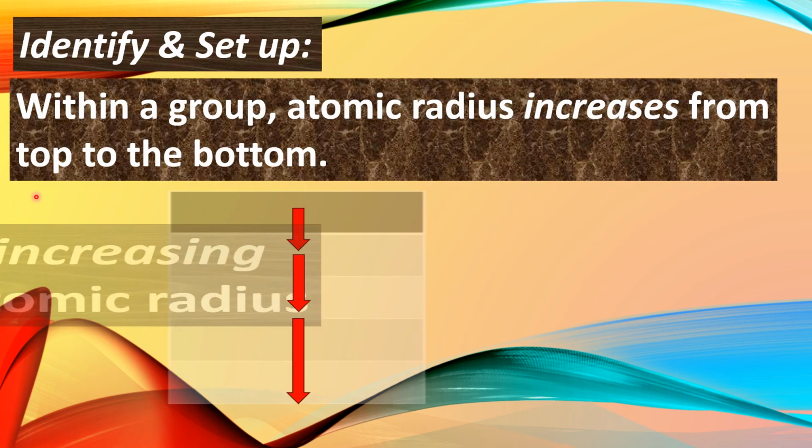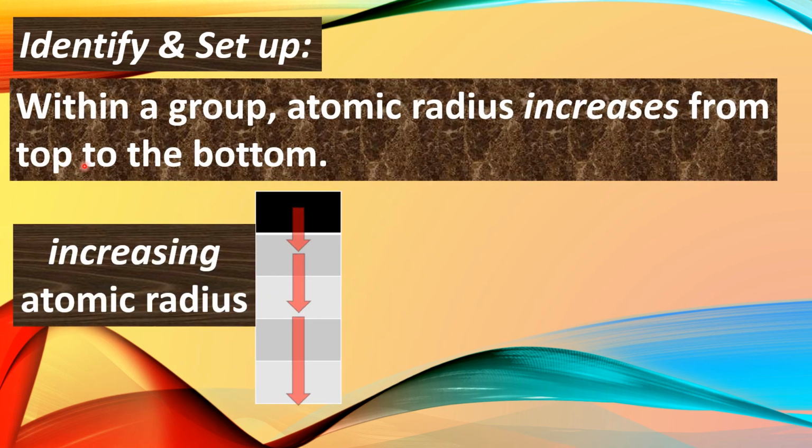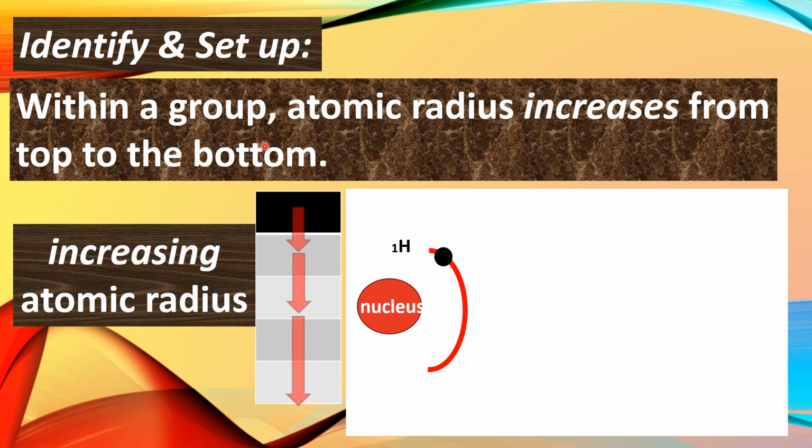For elements within a family or a group, atomic radius increases from top to the bottom. Example, hydrogen element has one electron in its main energy level, and it is attracted by a single proton towards the nucleus.